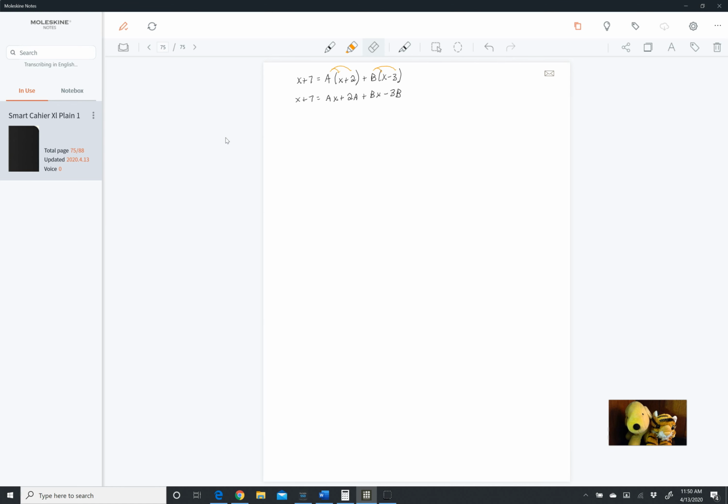Okay. Now we're going to rearrange these terms on the right. So when we rearrange the terms on the right, we're going to group them by the powers of x that it's being multiplied by, so by like terms. So Ax and Bx would be considered like terms because they have an x to the first. 2A and negative 3B would be considered like terms because they have no x, which means that they have an x to the 0.